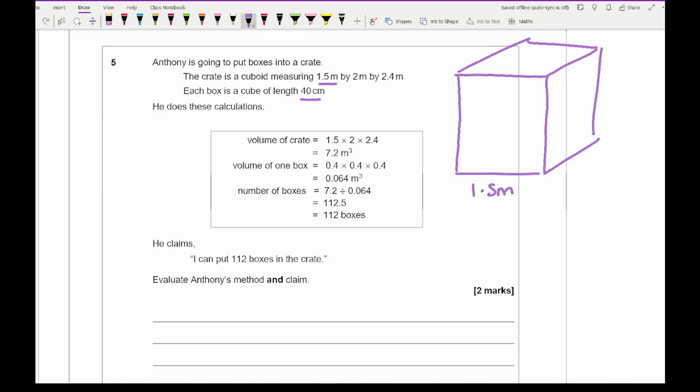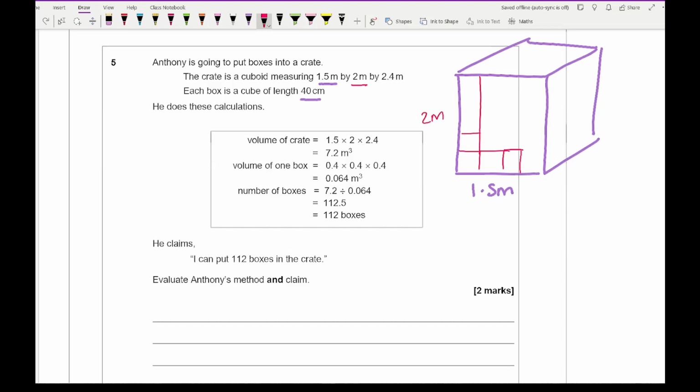Now how many 40 centimeters will go into 150? Well, that's going to be 3. So it's going to be 1, 2, and 3, and there's going to be an empty gap there. Now how many 0.4s can fit into 2 meters? Well, that's going to be 5. So if that's 2 meters, then I'm going to be able to fit 5 boxes there.